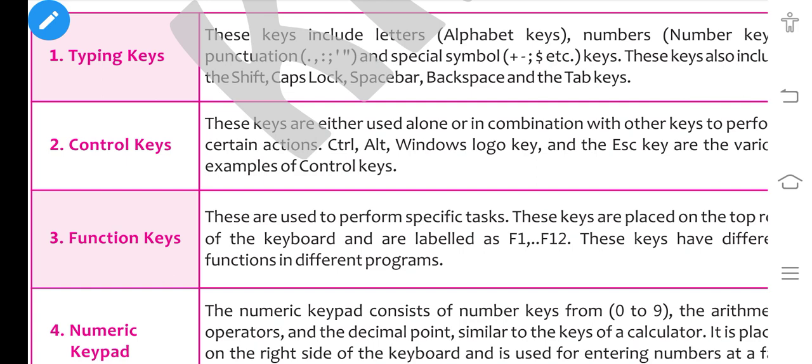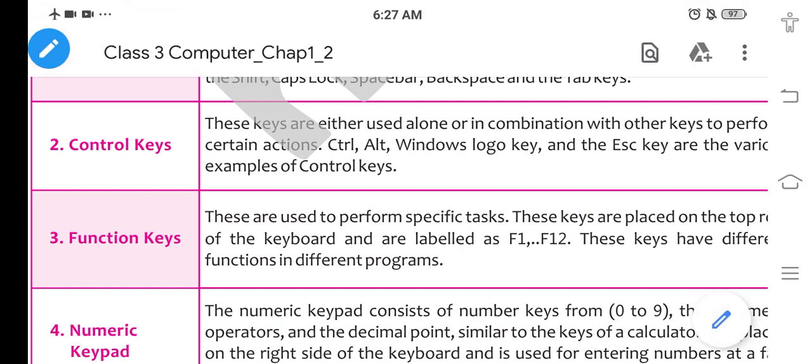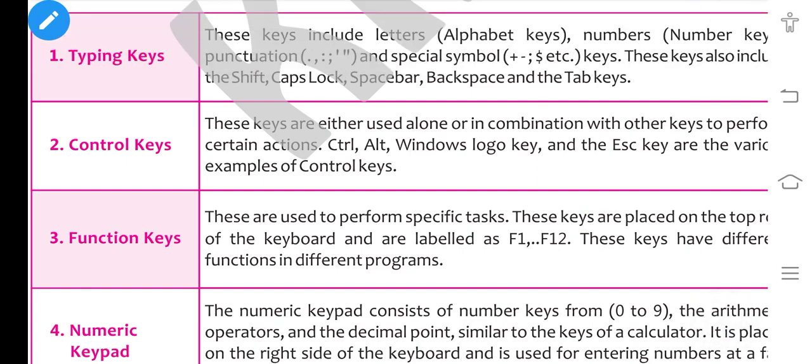The second one is control keys. They can be used alone or in combination with other keys to perform certain actions. Examples of control keys are the CTRL key, ALT key, ESC escape key, etc. Third is function keys.